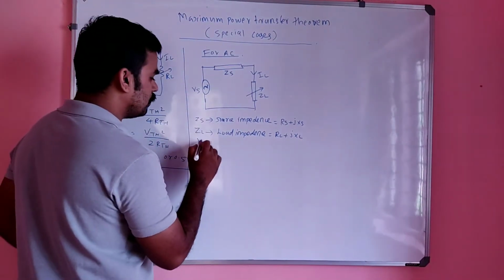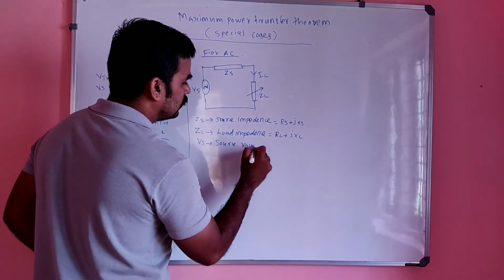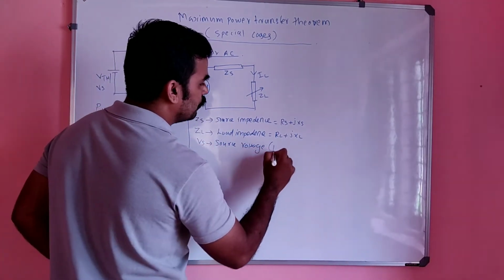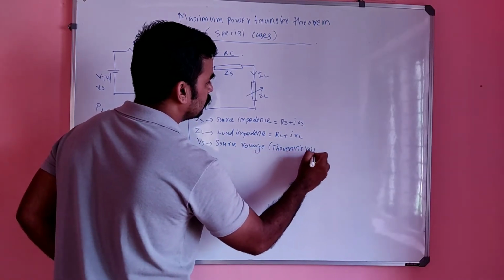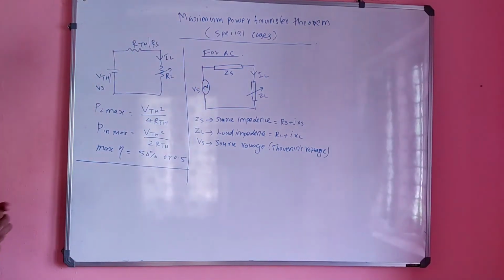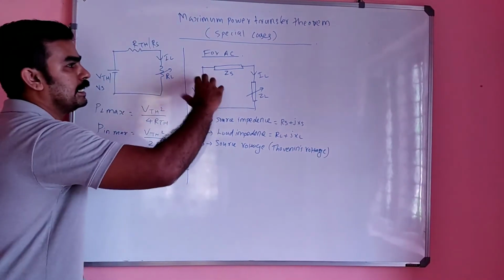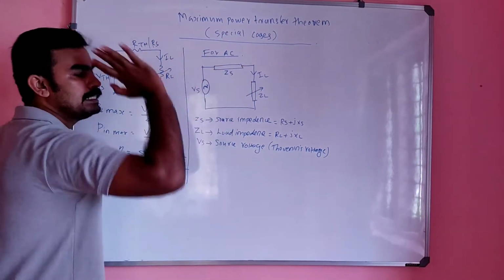And Vs is nothing but the source voltage or Thevenin voltage, both are the same. So the circuit can be changed in this manner: Vs, Zs and ZL.